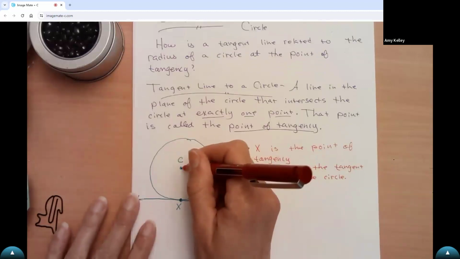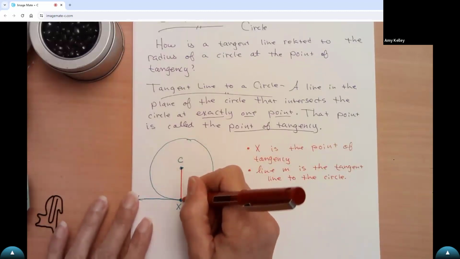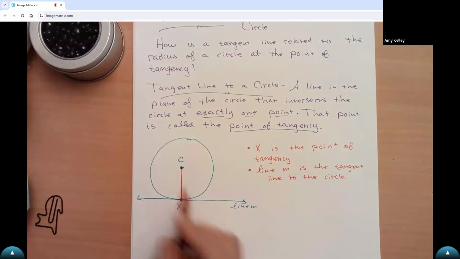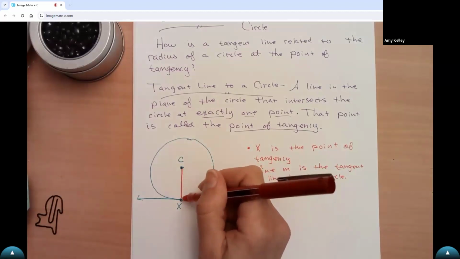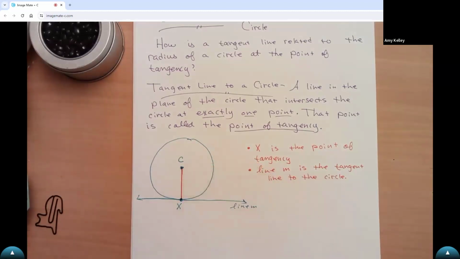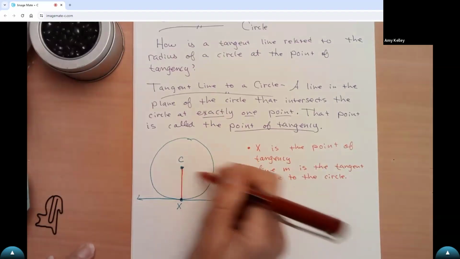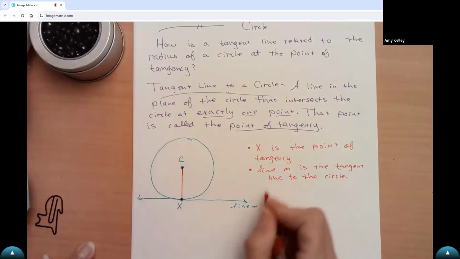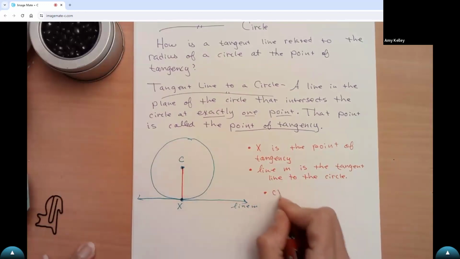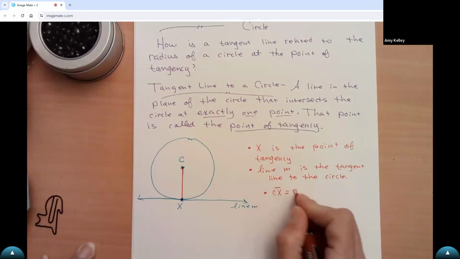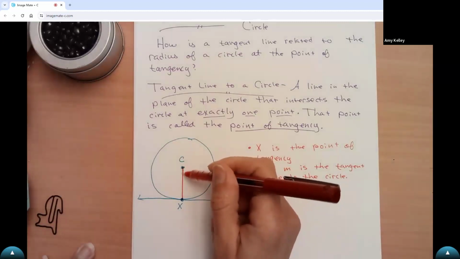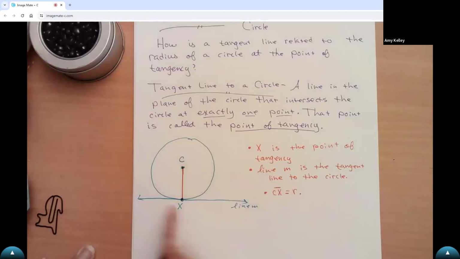All right, so if I connect the center to this point of tangency, this little segment CX is also equal to the radius, right? This is the radius of the circle, right? And of course, you can have an infinite number of radii in any circle. So I'm just going to call this CX. That segment CX equals R. And this right here represents the shortest segment from C to line M and the point of tangency.